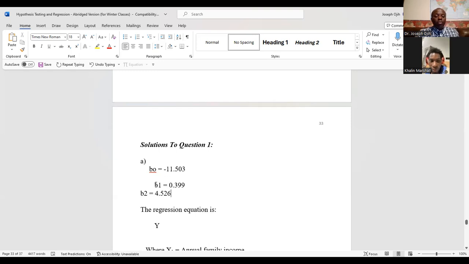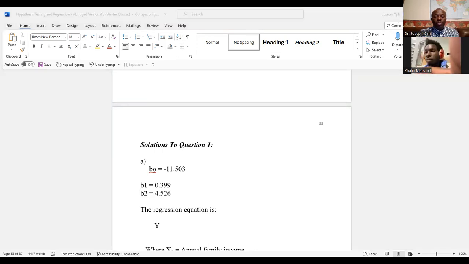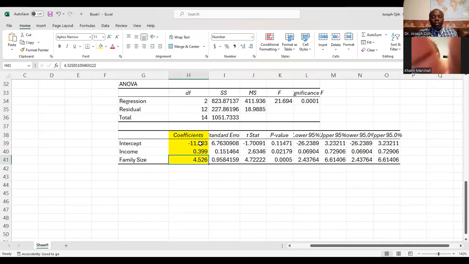Remember all these numbers, we got them from the Excel output. Don't forget, you can see them here from our Excel output. That's the idea.